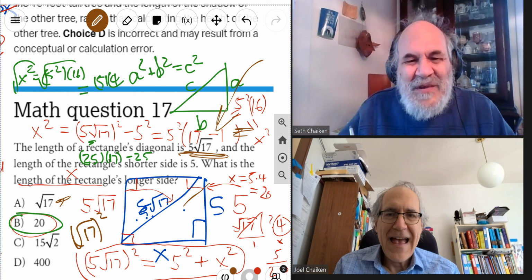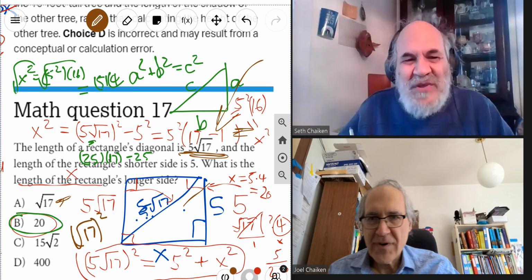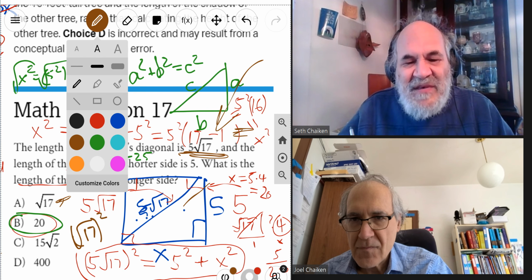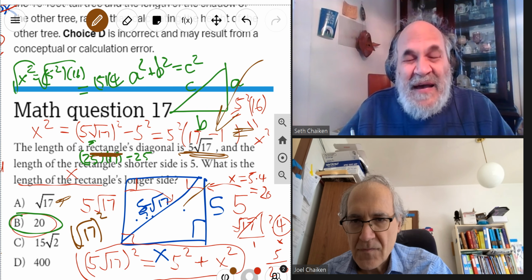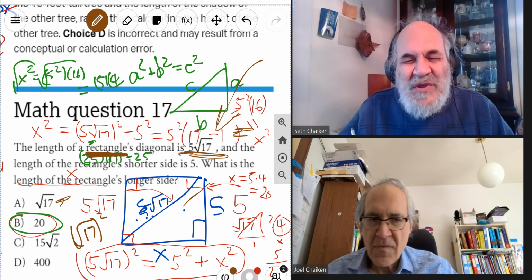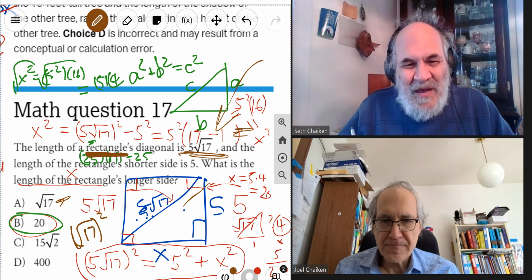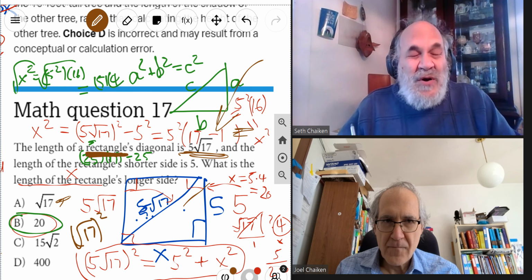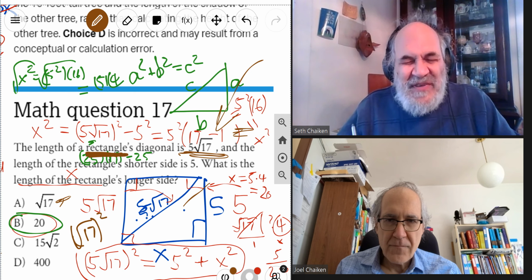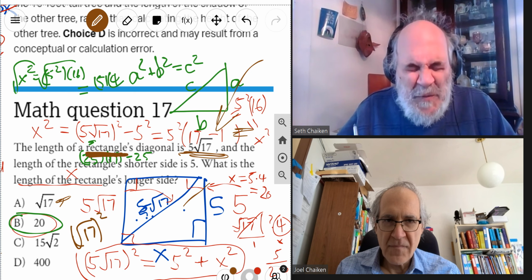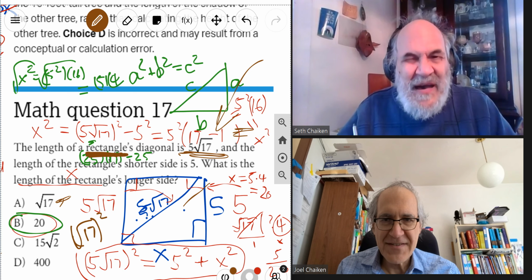So you need to know that the diagonal and the two adjacent sides of a rectangle form a right triangle. Right, you have to know the Pythagorean theorem.